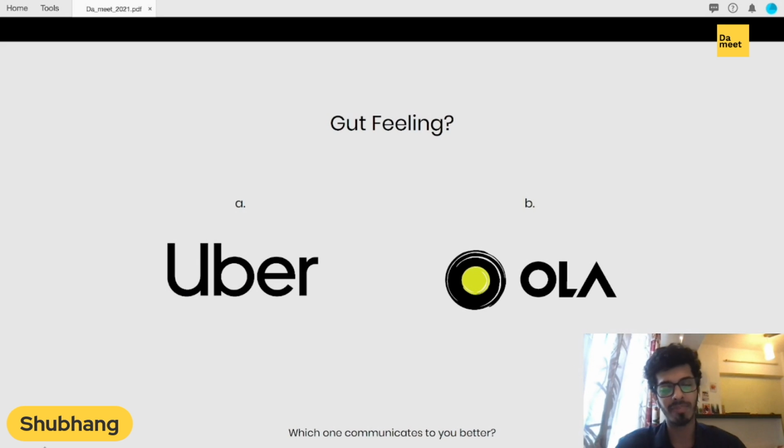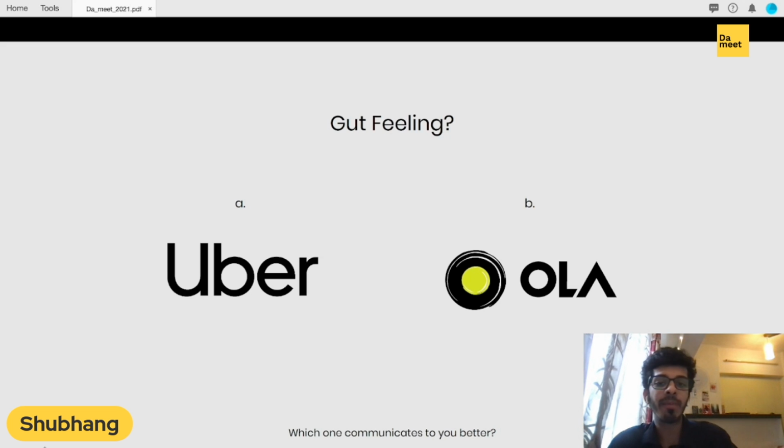So I'll just give you an example so that you can easily grasp this. Imagine these two brands which you see, Uber and Ola. These two have almost the same services. The only thing which is different about them is their branding. And because their branding is different, you would perceive Uber and Ola in different ways.